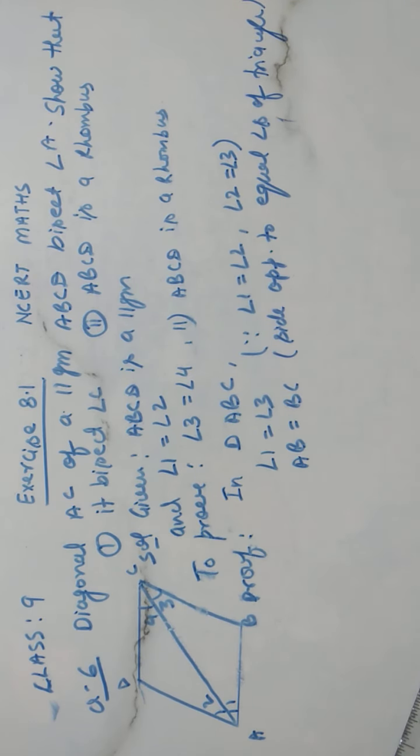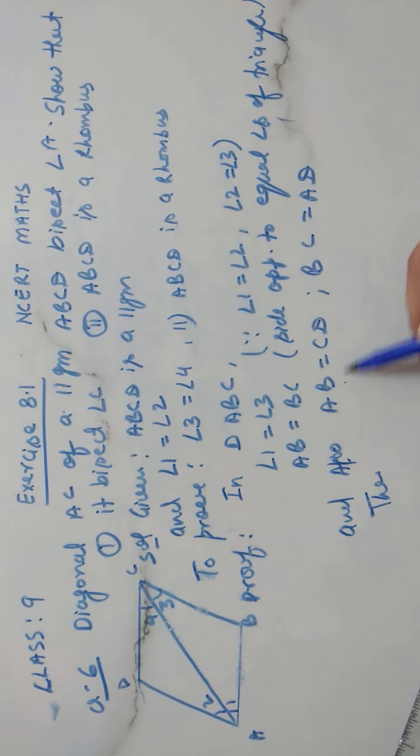Also, for the remaining sides, AB is equal to CD, and BC is equal to AD. Why is AB equal to CD? Because it is a parallelogram, so opposite sides are equal. BC is equal to AD, opposite sides are equal.